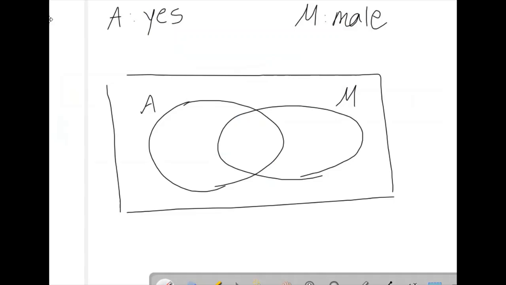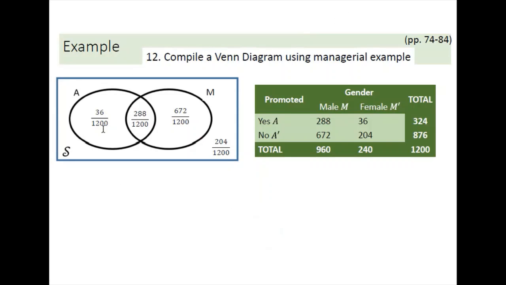So here is A intersection M. Here is promotion, it's A. A in total is 324 divided by 1200.